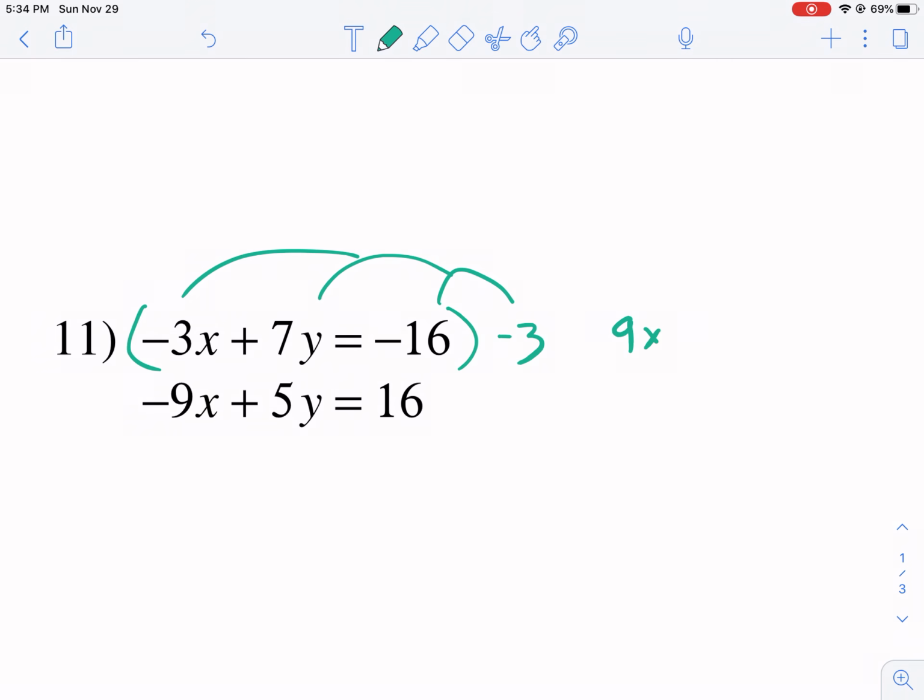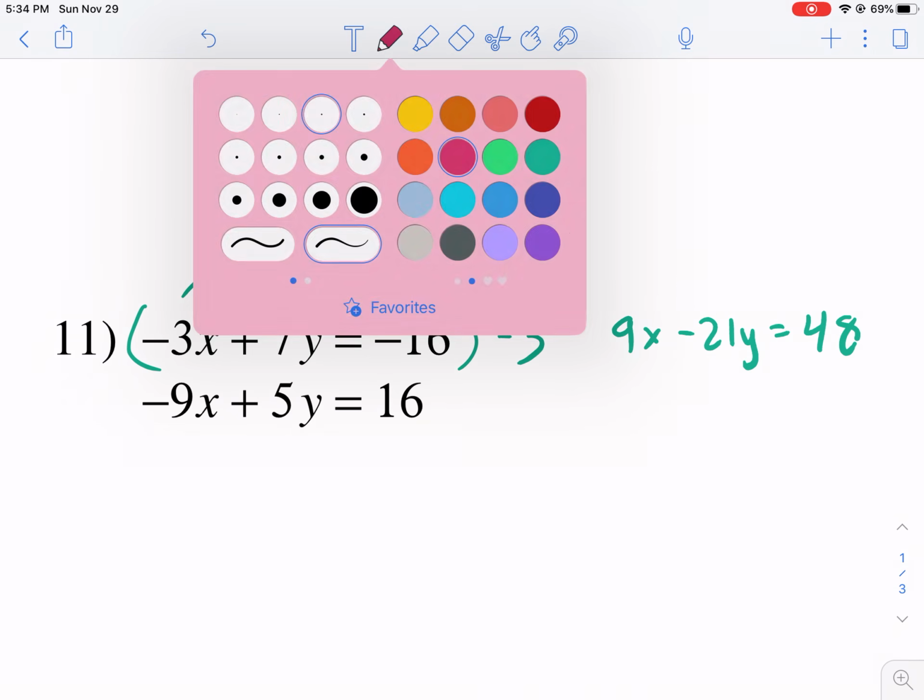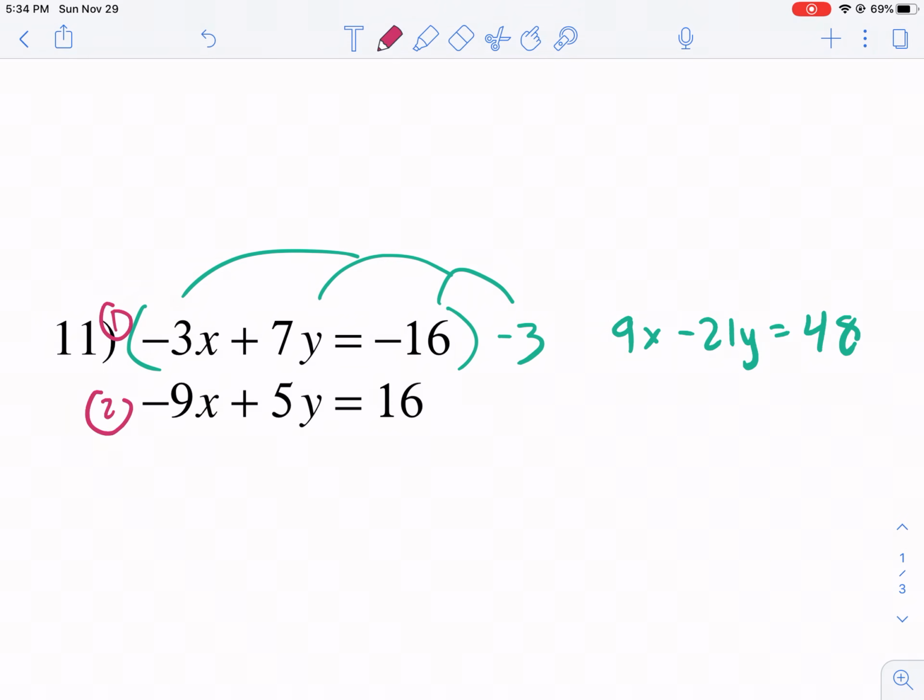So I get 9x minus 21y equals, was that positive 48? Yeah. I'm going to rewrite our second equation. Okay, this was 1, this is 2. So I'm going to rewrite our second equation, negative 9x plus 5y equals 16.